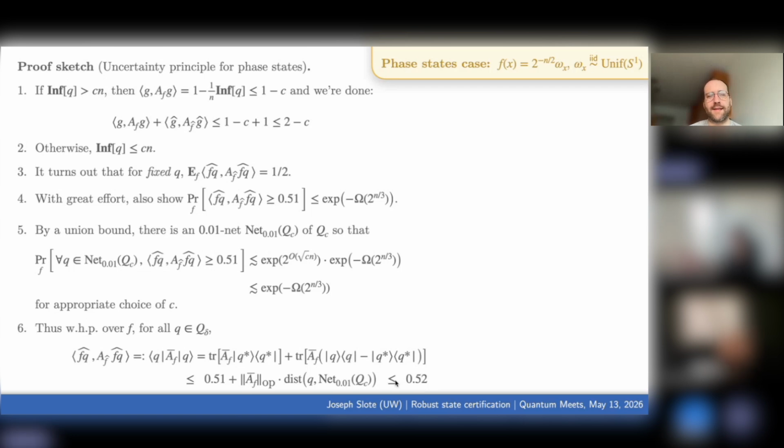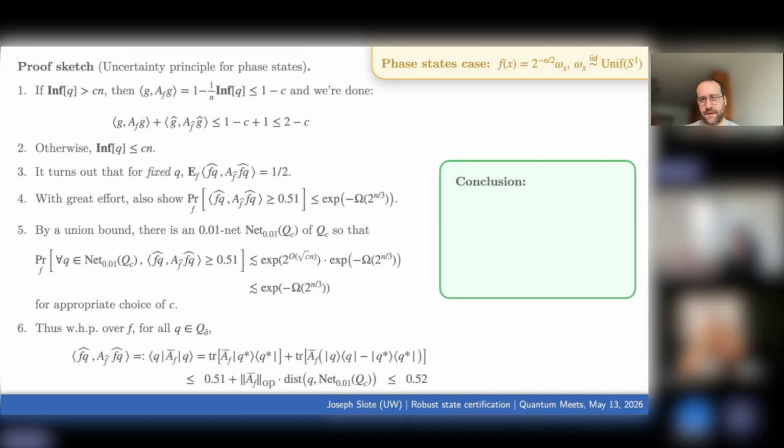I'll mention that this is rather arduous to prove, because the quantity is rational, so there were those denominators, and this makes concentration quite tricky, but we made it work.